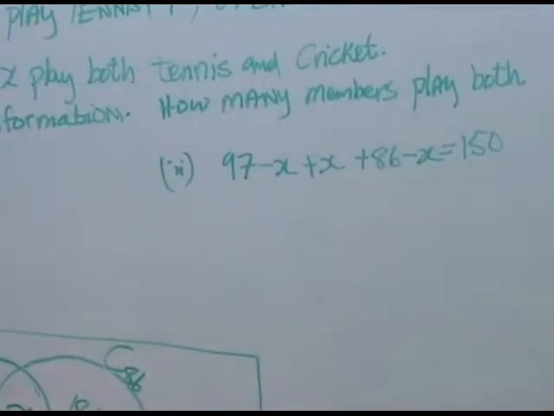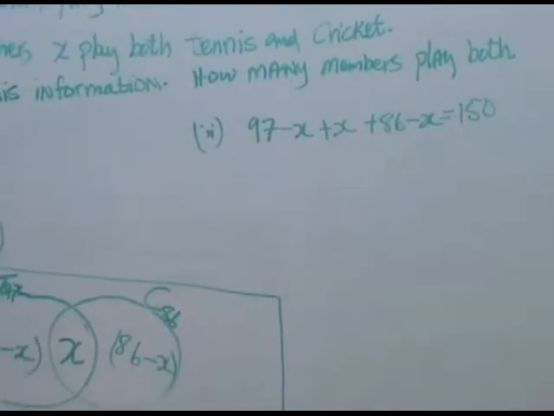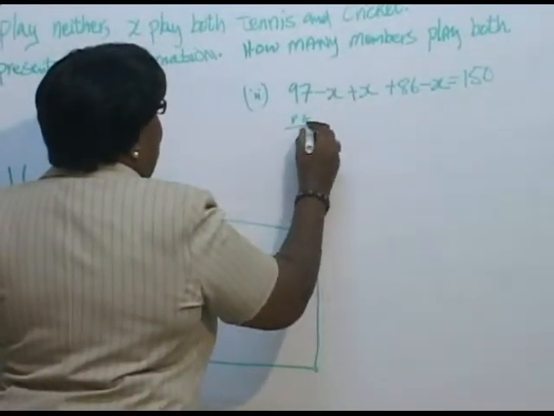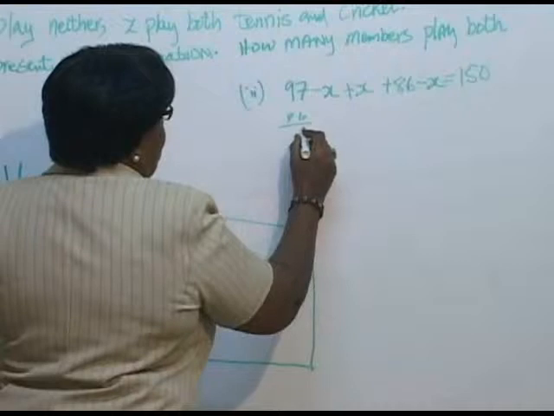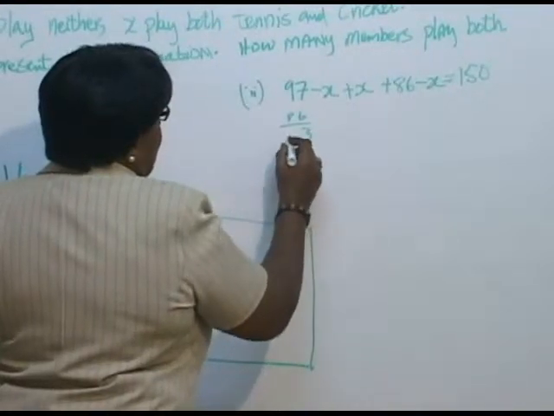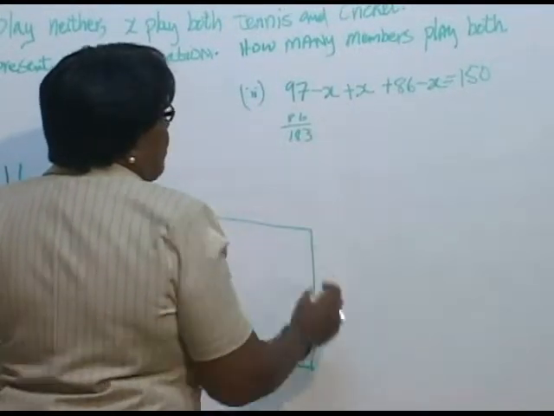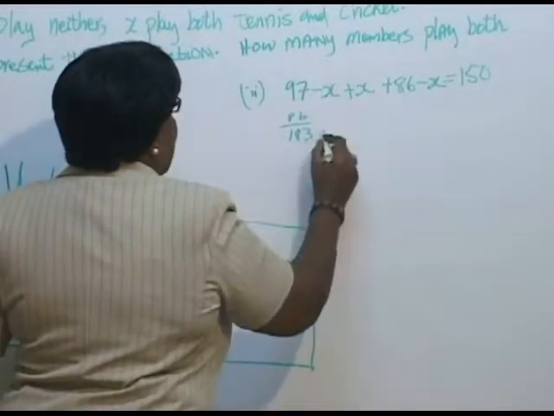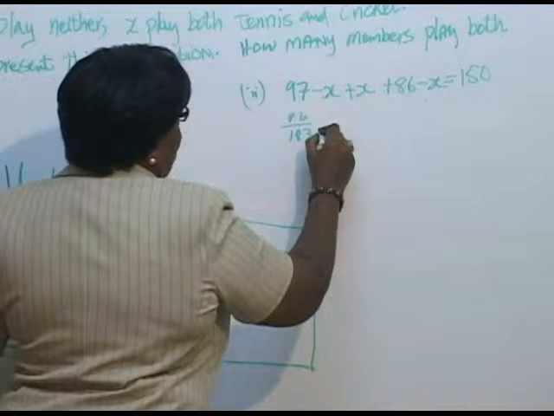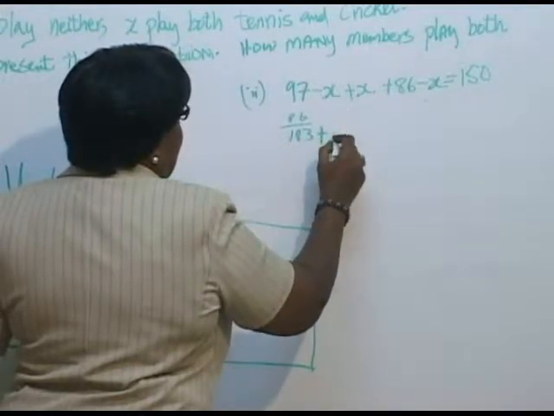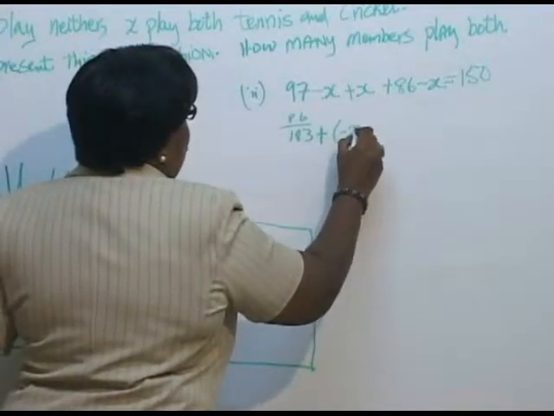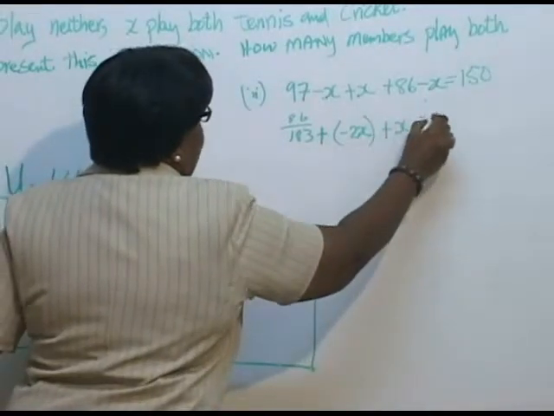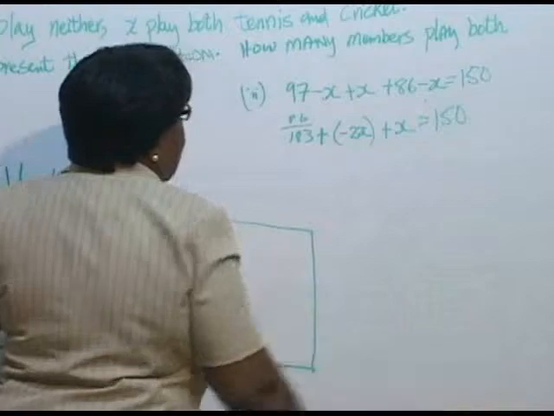Again, we're going to collect our like terms. So our numbers would give us, this time it is 86 plus 97. So here we're going to get a 13, and so that's 183. And then we have again negative x. So here we're going to put plus, and it is really negative 2x. And we have plus x would be equal to 150.